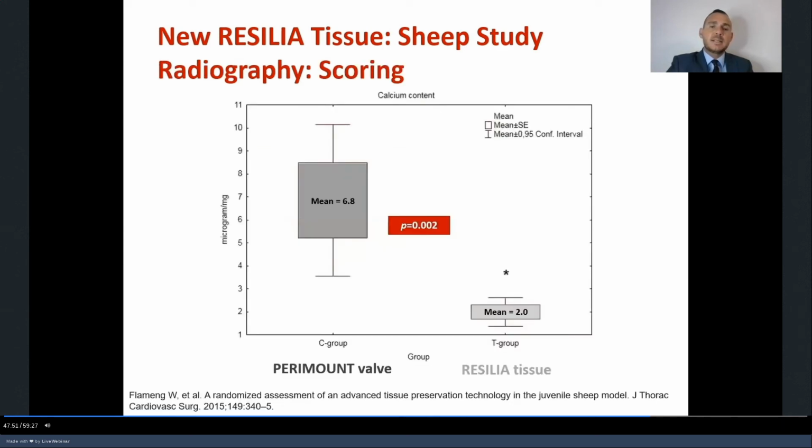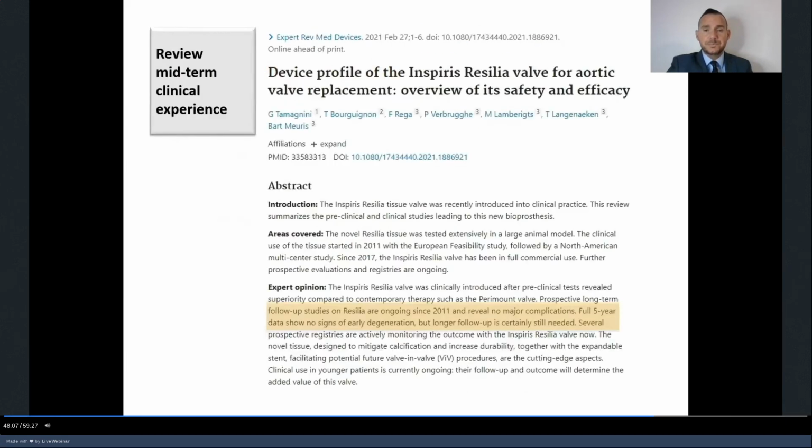And basically the amount of calcification in the resilient tissue was significantly lower in comparison to the Perimount valve, with significantly lower mean transvalvular gradient in the resilient tissue group. The first clinical paper was published recently in 2021, and basically shows excellent results of the resilient valve at 5 years. Of course, longer-term clinical follow-up is needed to prove the better long-term durability of these valves.